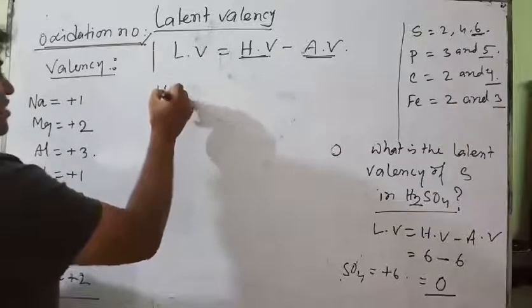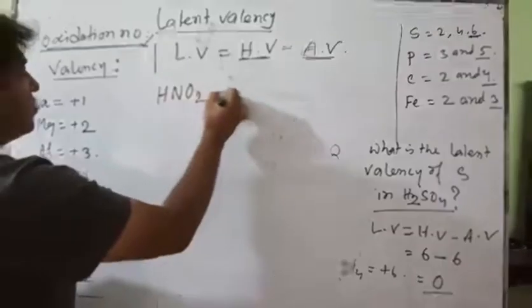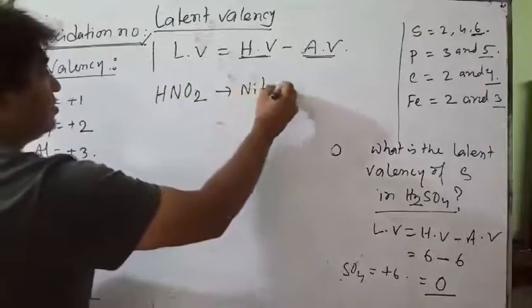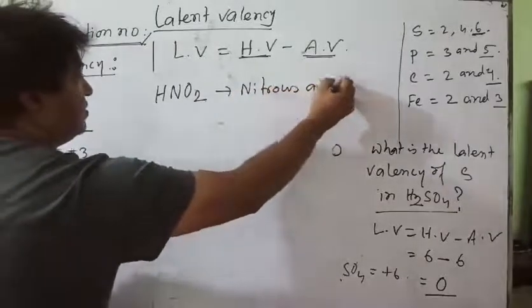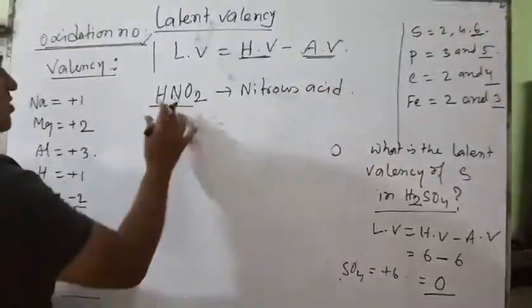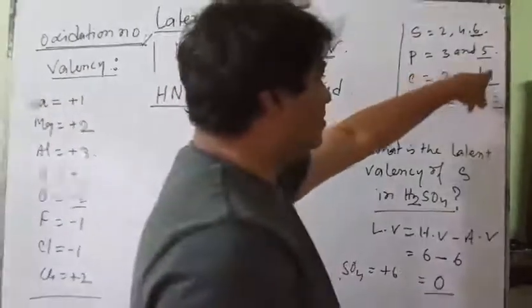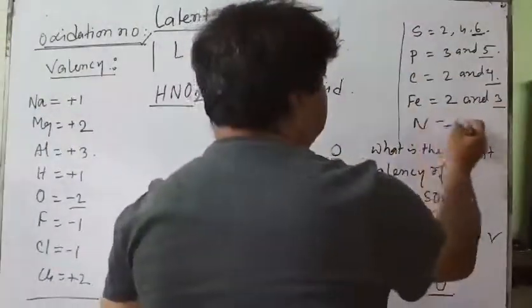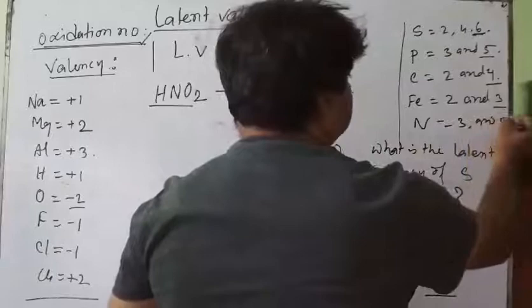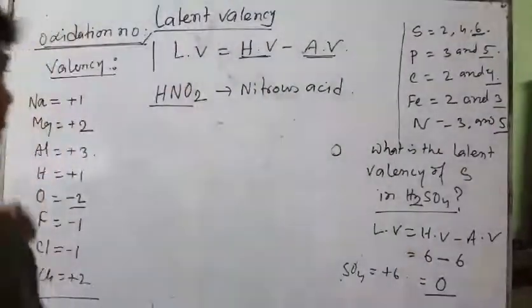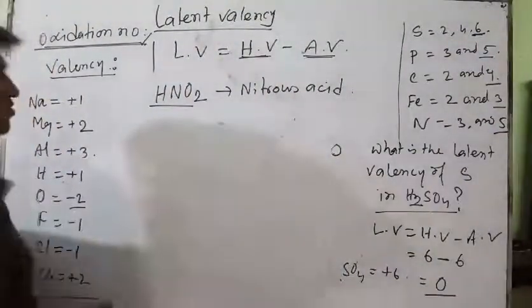Another example, nitrous acid, HNO2. The highest valency of nitrogen we already know is 3 and 5, so the highest valency is 5. But what is the active valency of nitrogen?